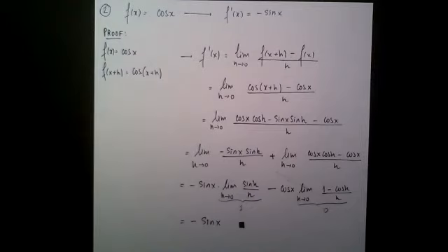So let's go now to the derivative of the tangent. Okay, so the other ones are going to be much easier. Now that we know that the derivative of sine is cos and the derivative of cos is negative sine, we're going to use this a lot. We won't have to redo this every time.